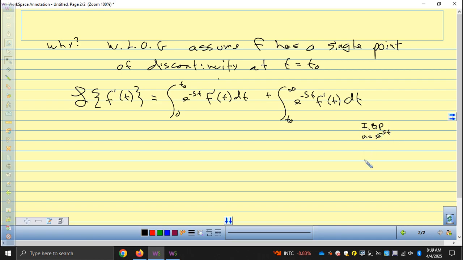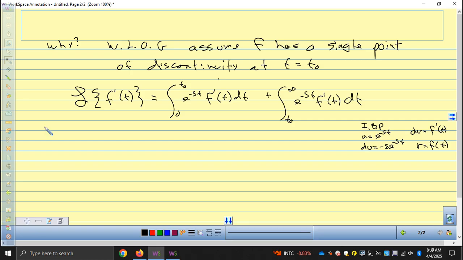When we've done the definition of the Laplace transform, we see this integral come up a lot when we integrate by parts. du is minus s e to the minus st. dv is f prime of t, and so v is just going to be f of t. When we integrate f prime, we just get f.